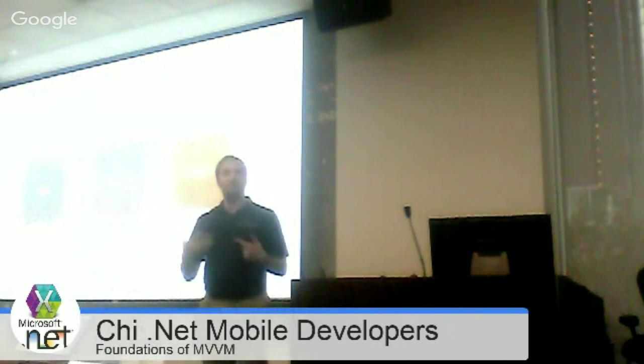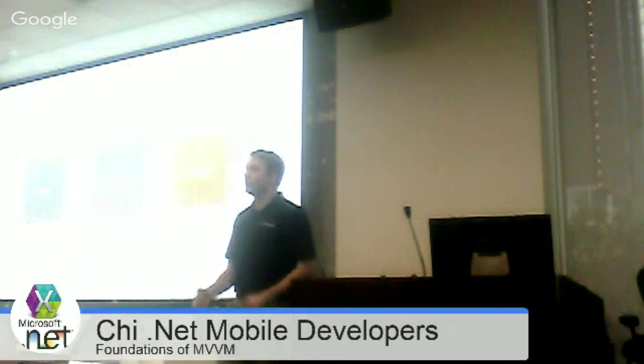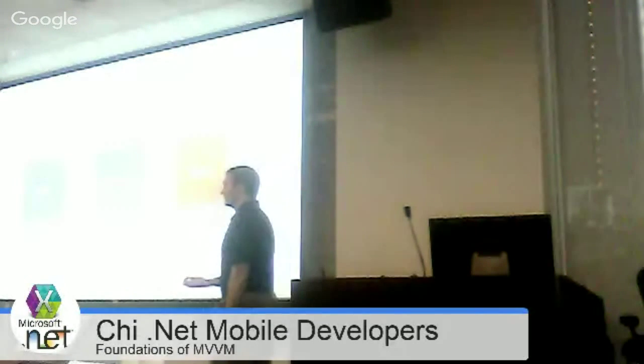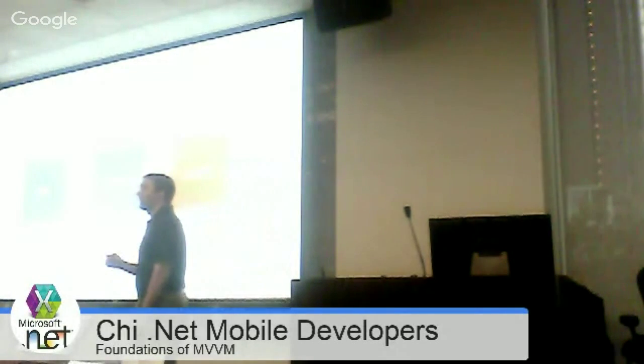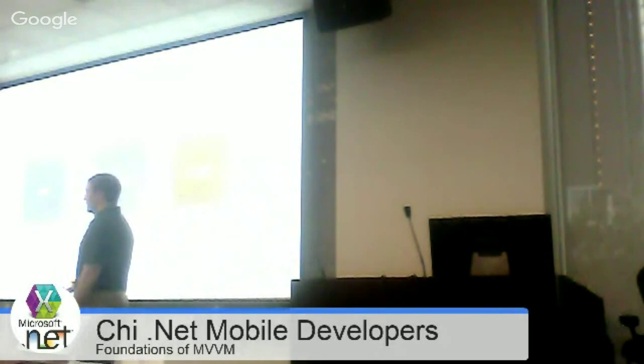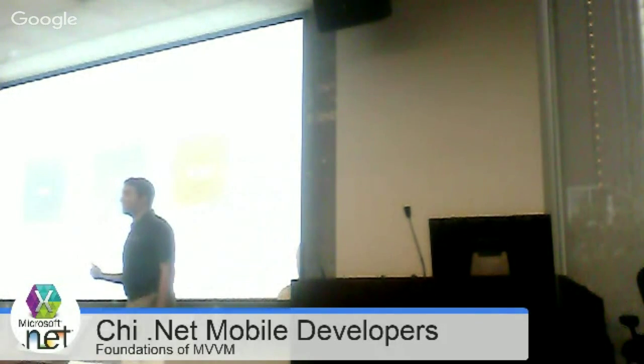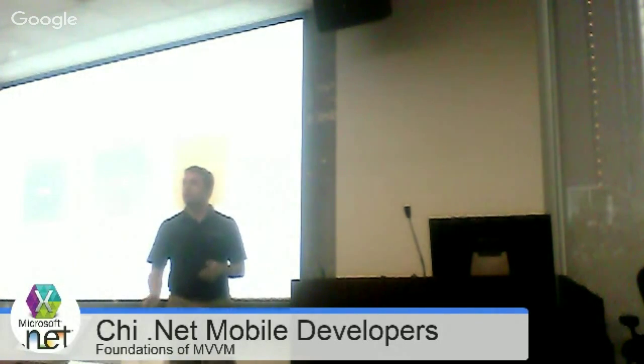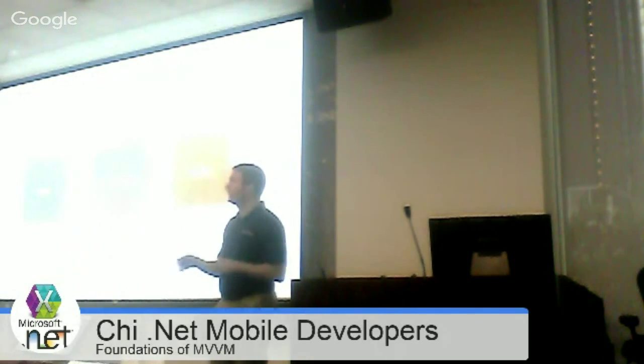With MVVM, when it's done properly, you don't even have to do that. You test the view model because your view model is representative of all the UI functionality on that page. And furthermore, if you combine it with dependency injection, you can then mock behaviors within your view model. It's a very powerful way to program.